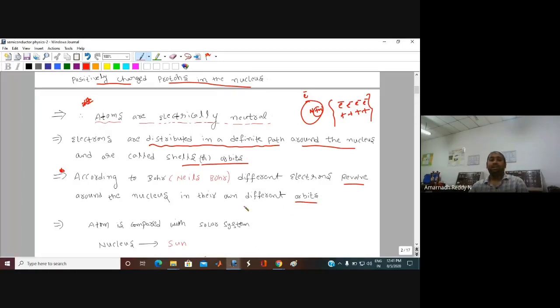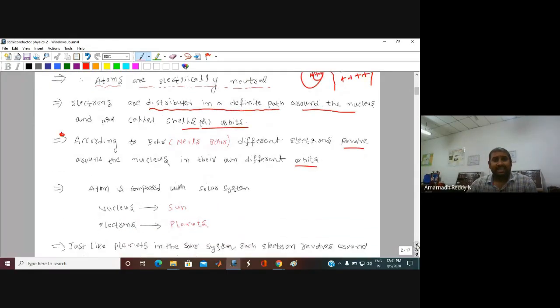Earlier, the concept was that an electron revolves in a path and gets accumulated in the nucleus, but that is different. So according to Niels Bohr's concept, different electrons revolve around the nucleus in their own orbits.